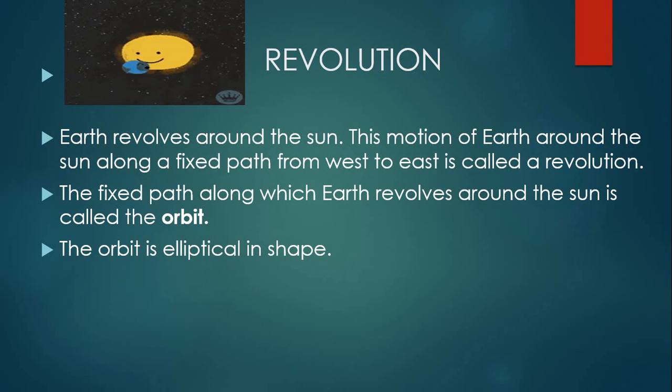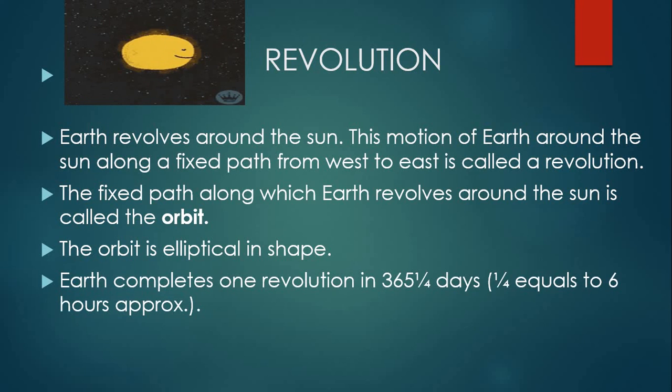The orbit is elliptical in shape, almost oval in shape. Earth completes one revolution in 365 and 1/4 days. 1/4 means it is equivalent to 6 hours approximately.